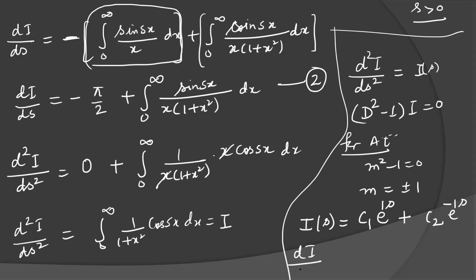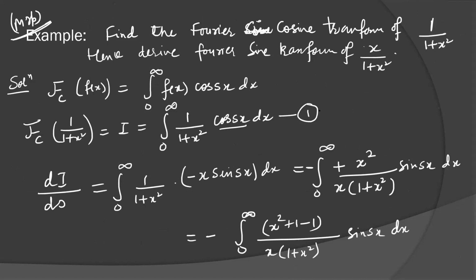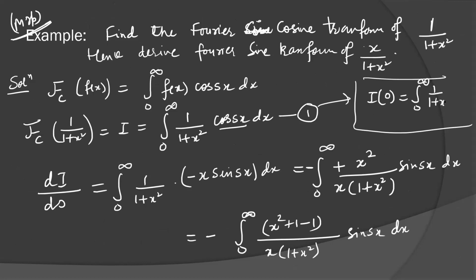For the second equation, if you differentiate it, dI by ds will be c1 e to the power s minus c2 e to the power minus s. Now we have to solve for c1 and c2. See carefully here. If we put s equal to 0 in I, you will get 0 to infinity 1 over 1 plus x square dx, because cos 0 is 1.